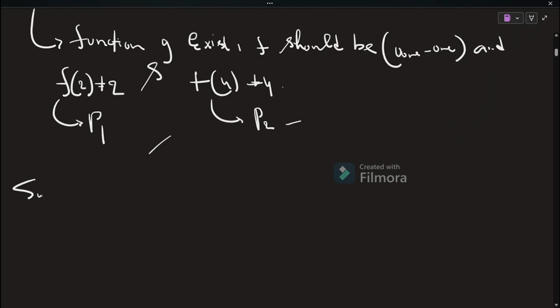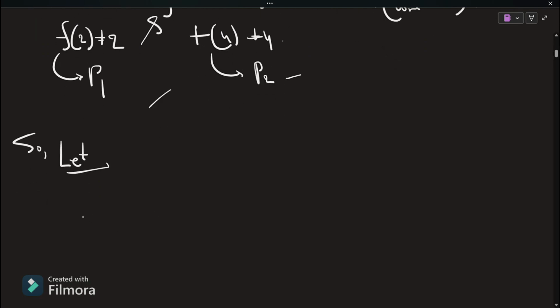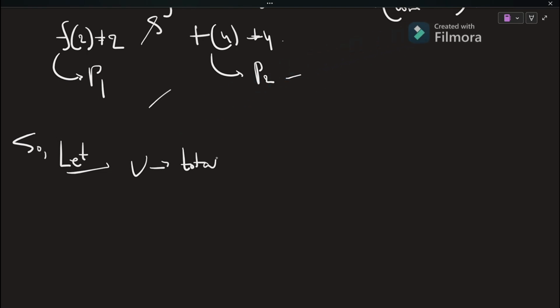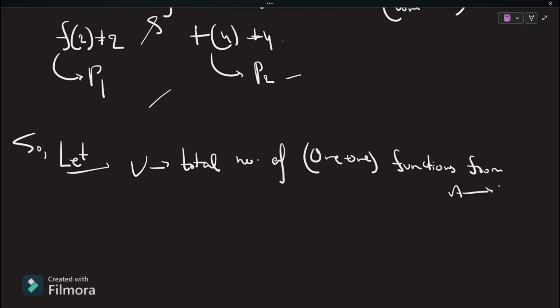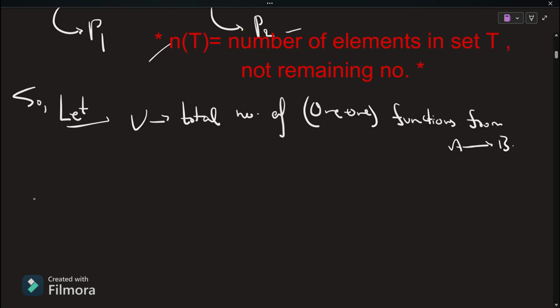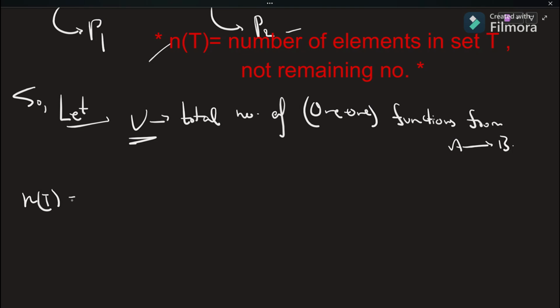So let u be the total number of 1-1 functions from A to B. So the number of remaining functions, n of t, equals n of u minus n of p.